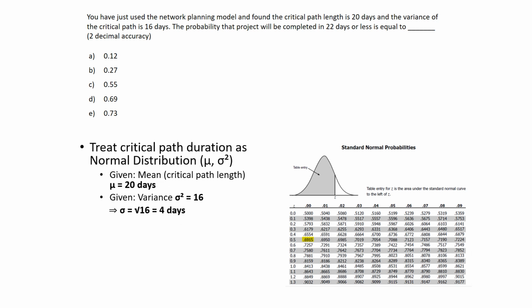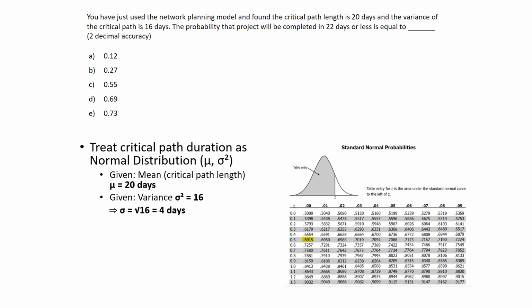Average meaning critical path length, which is 20 days as found in the question here. The variance is 16. Usually, our variance is the square number. So we have to find the sigma. Sigma is the root of 16, so it is 4 days.